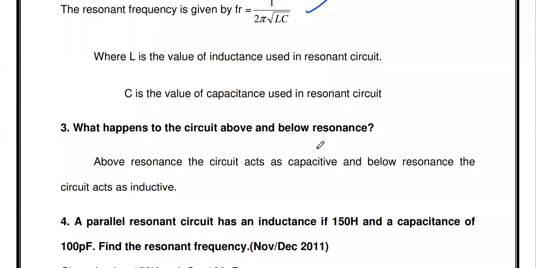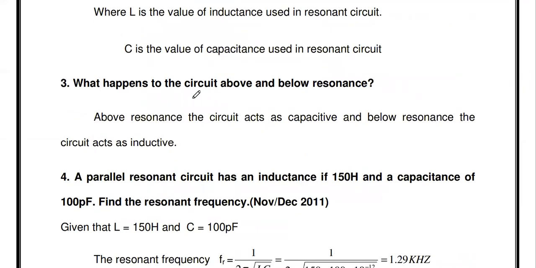Then the next question: what happens to the circuit above and below resonance? At resonance, the circuit behaves like a purely resistive circuit.